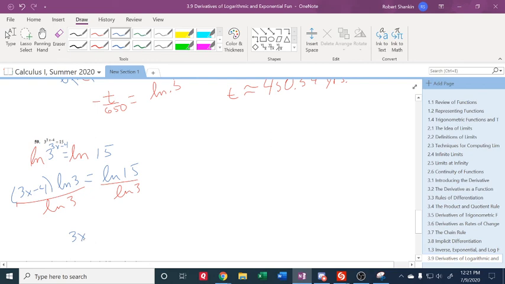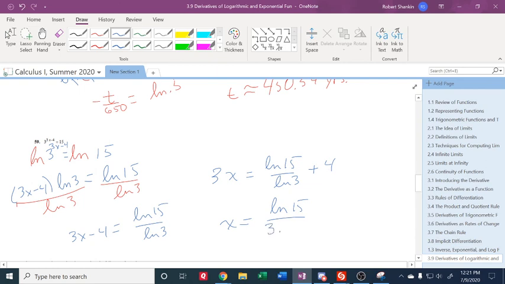And I get 3x minus 4 is ln 15 over ln 3. Move the 4 to the other side. 3x is ln 15 over ln 3 plus 4, divide by 3. x is equal to ln 15. Both parts have to be divided by 3, both terms. Divided by 3 ln 3 plus 4 thirds.